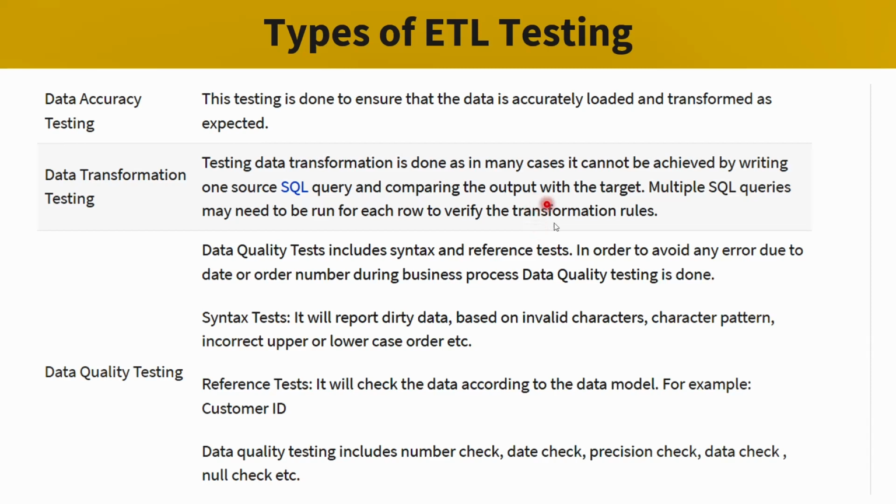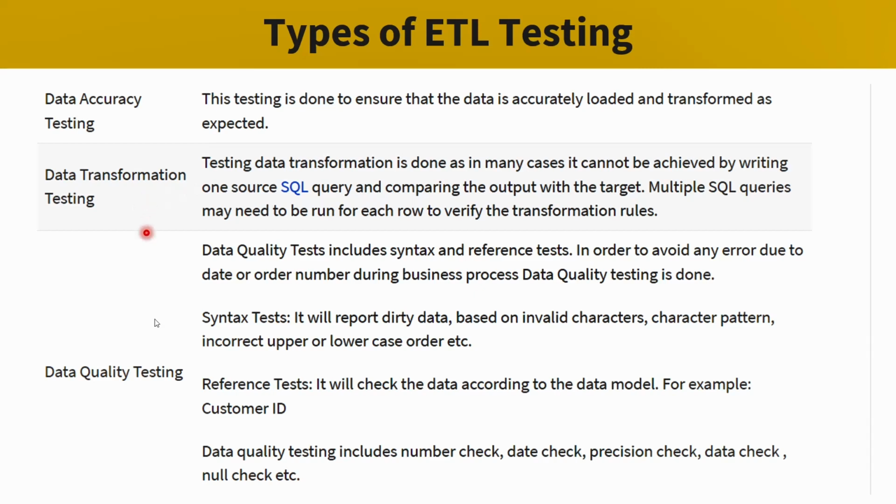Whatever the transformation rules, it can be concatenating two columns, distributing one column into multiple columns, or presenting the column data in a proper format. Such kinds of transformations you apply in data transformation testing.